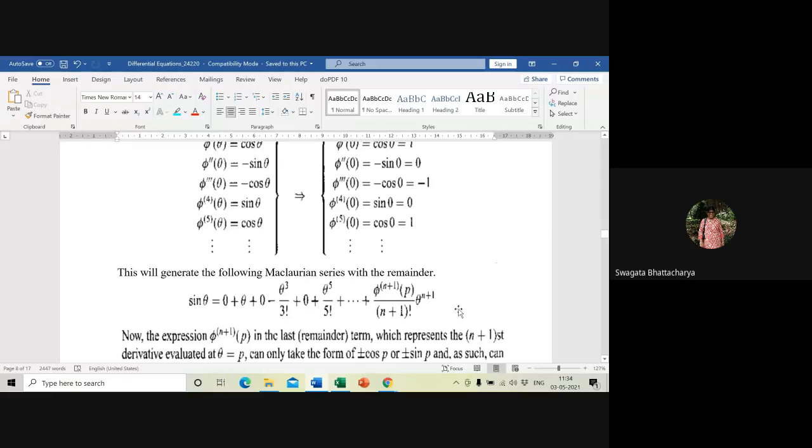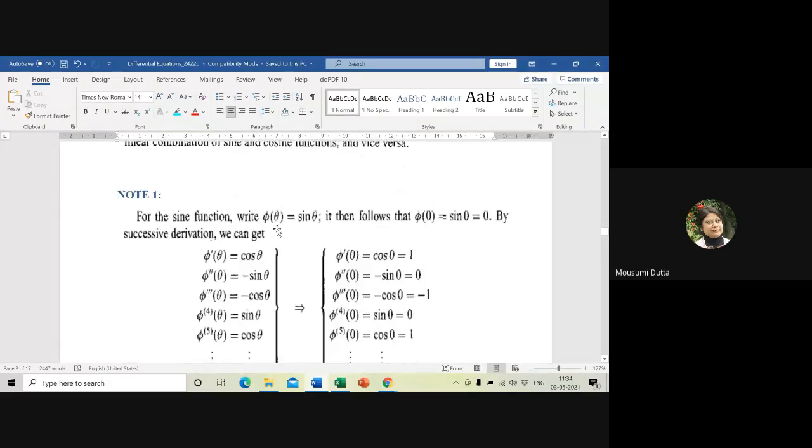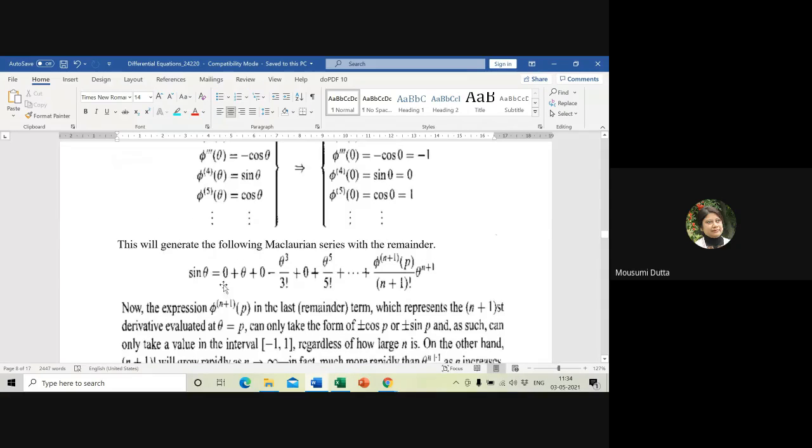Ma'am, in the form of a Maclaurin series, the last term is always in the form of a_n times x to the power n, or in this case n plus 1. So which part of it is the a_n part? Here we are considering the phi function. Here the function is phi, and that is equivalent to sine theta, and for that matter, we are writing the expression for sine theta.